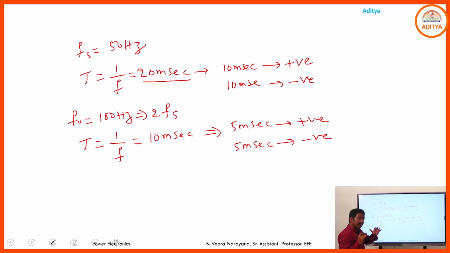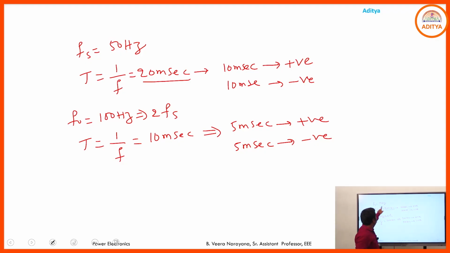So if you maintain in the output voltage waveform 5 milliseconds as one positive half cycle and 5 milliseconds as one negative half cycle, then within 10 milliseconds we complete one full cycle.